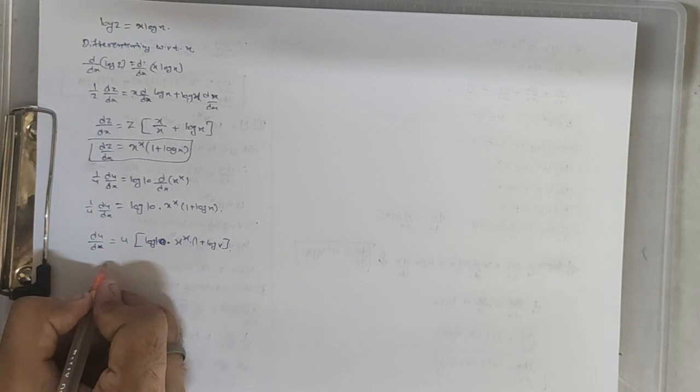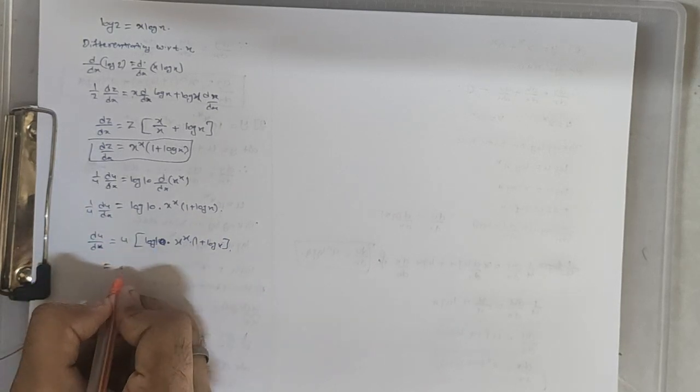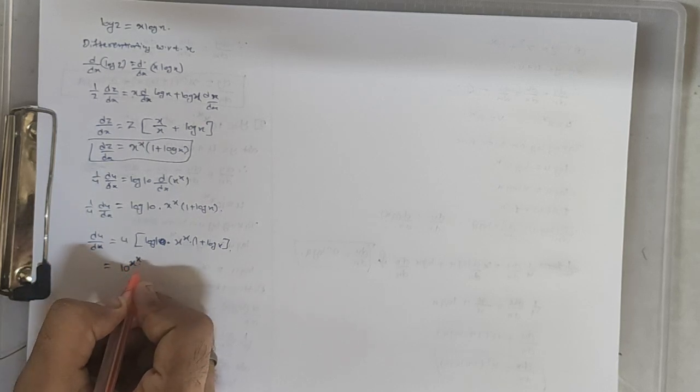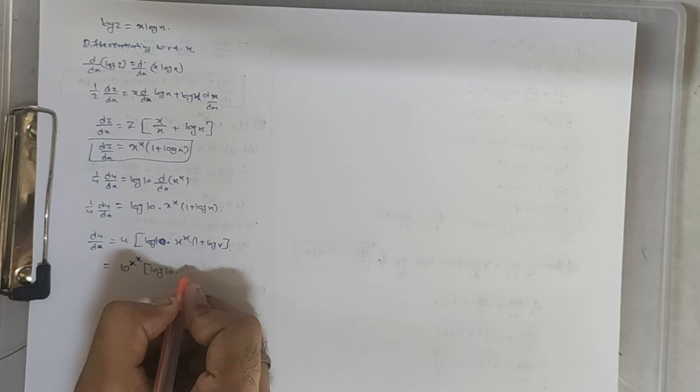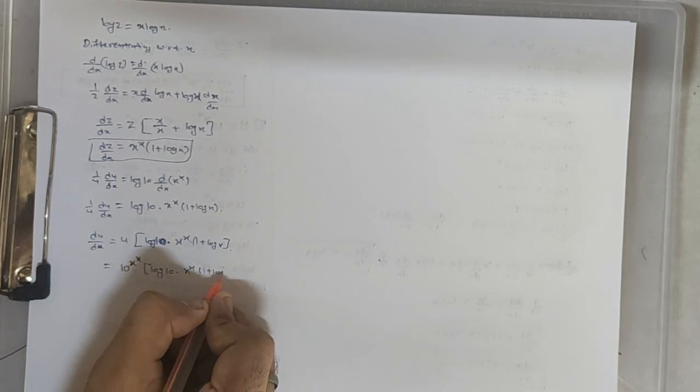Now what is u? u is 10 raised to x to the power x, into log 10, x to the power x, 1 plus log x.